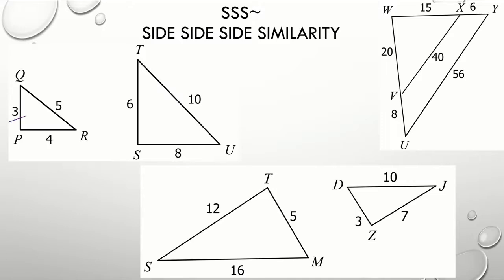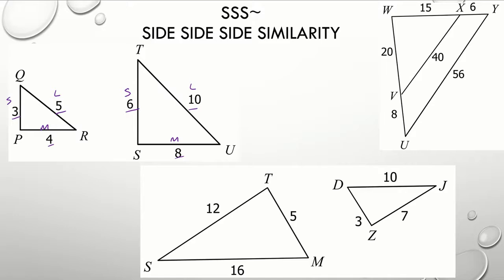Because we can't say is 3 over 10 the same, right? We have to make sure that they're corresponding. So what I would do is compare the three sides within each triangle. I'm going to label them small, medium, large. And same thing here. Between these three sides, I have small, medium, and large. And so now I know which side corresponds with which side.